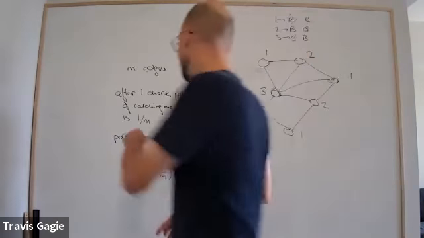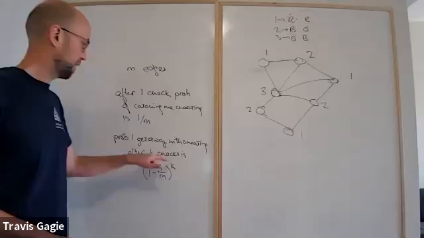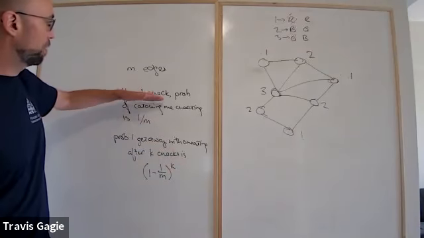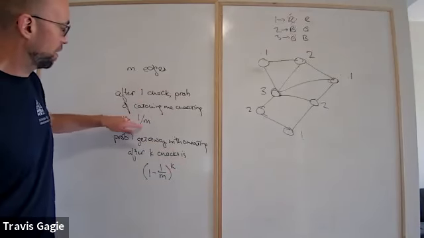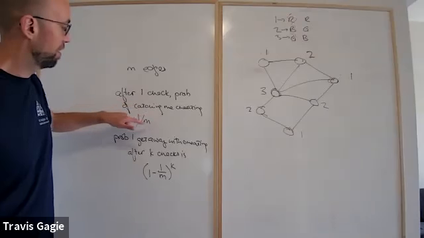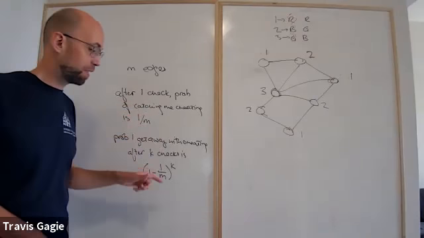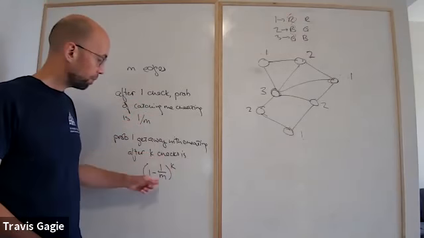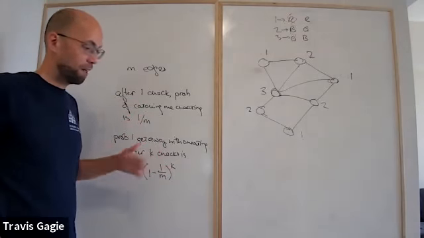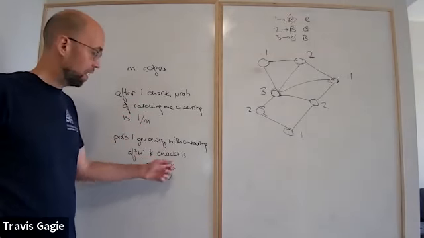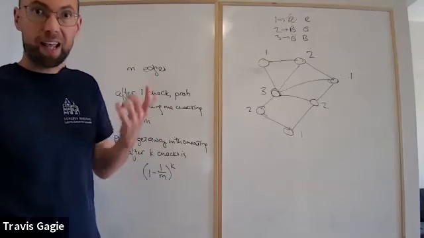Yes, the probability I get away with cheating after k checks. The probability after 1 check that I get caught is 1 over m. So the probability of getting away is something less than 1, taken to the k.